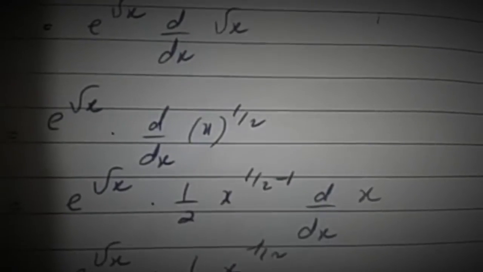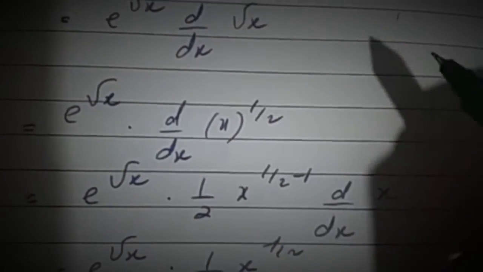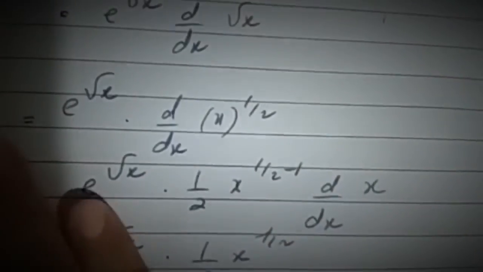Another question, it is again a very easy question: e power under root x. e power box and box dash we have to apply. This question might come in the entry test as well, so we have to do it very well, because these types of easy questions always come in entry tests and other tricky and short questions.